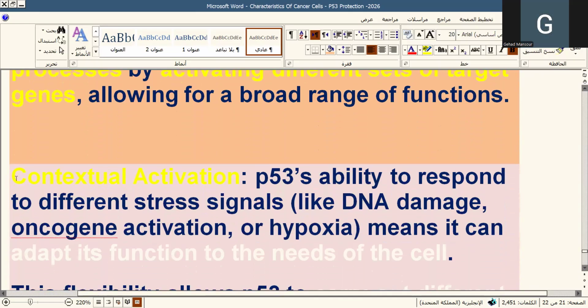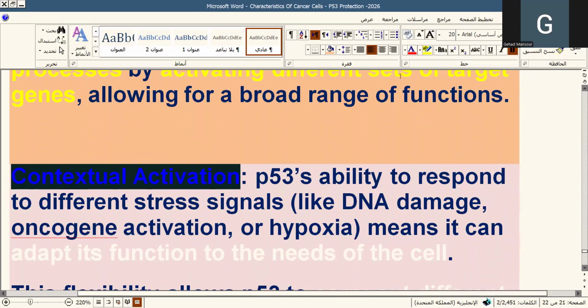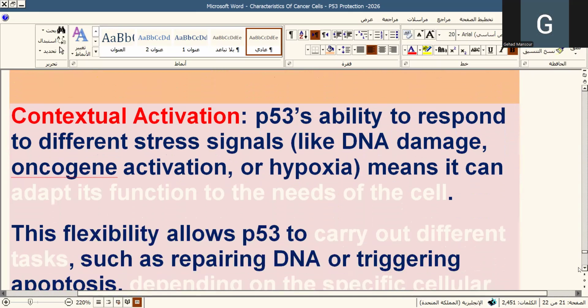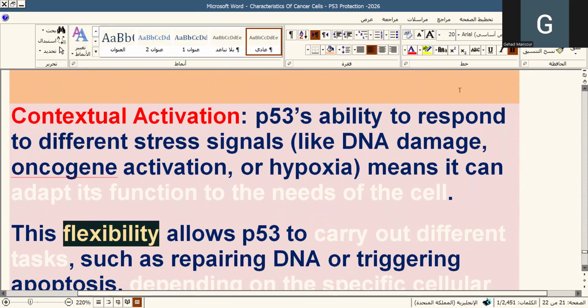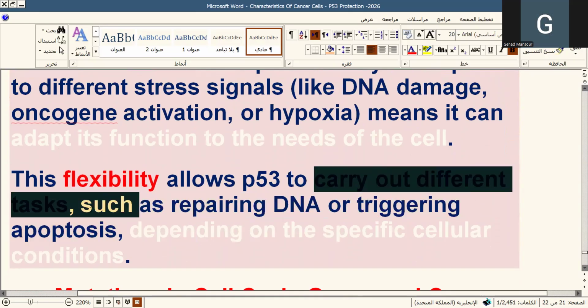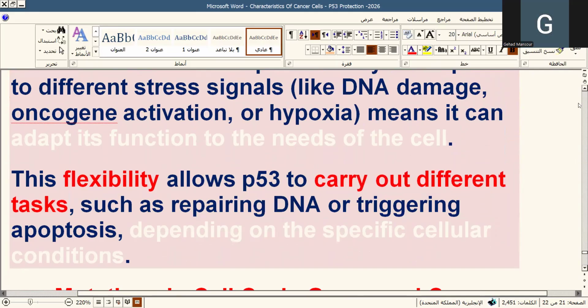But P53 shows what we call contextual activation, which means that P53 can respond to different stress signals like DNA damage, like hypoxia, for example, and adapt accordingly. And therefore, we can say that P53 is a flexible molecule that reacts in the cell according to the context in which it is exposed. So it can carry out different functions, but every function is carried out in a specific context.